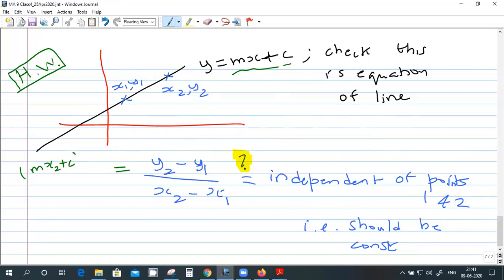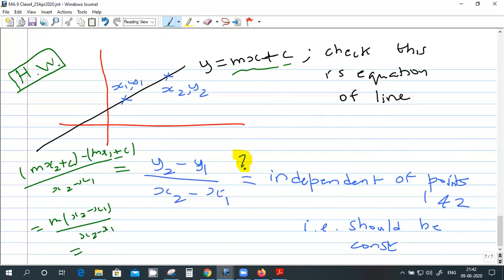What is y1? mx1 plus c. Divided by x2 minus x1. So this should be equal to m into x2 minus x1 divided by x2 minus x1, right? This will be equal to m. So it's independent of points 1 and 2.